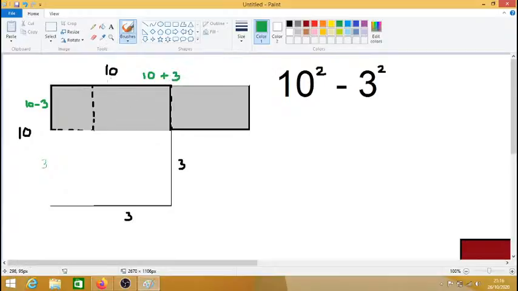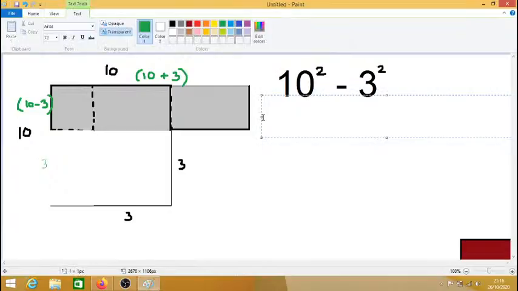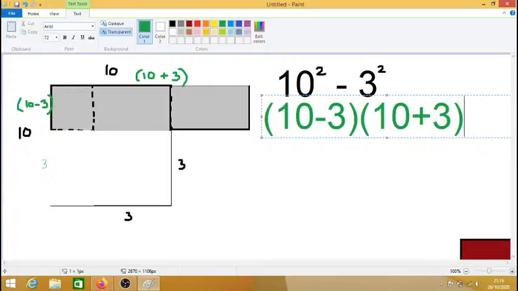And now, to get the area in grey, I would simply do the 10 take away the 3 times by the 10 plus the 3. We don't really show the times sign in algebra, so I'm just going to leave that times sign invisible in your mind.